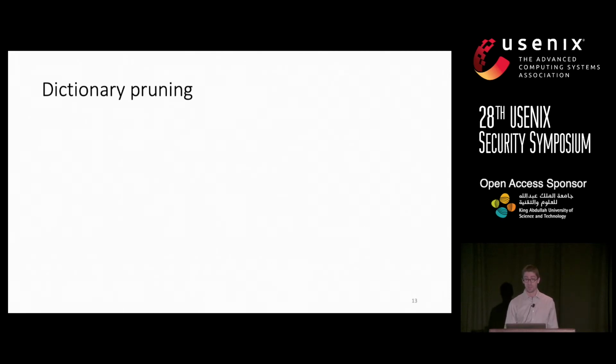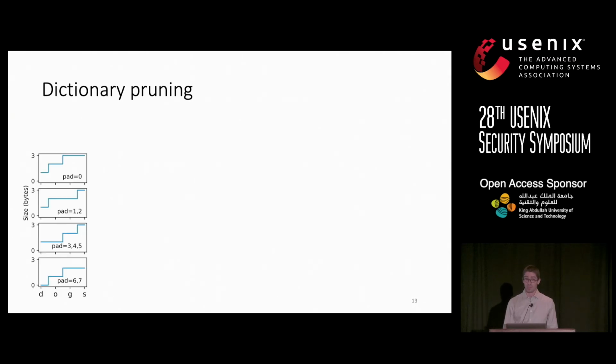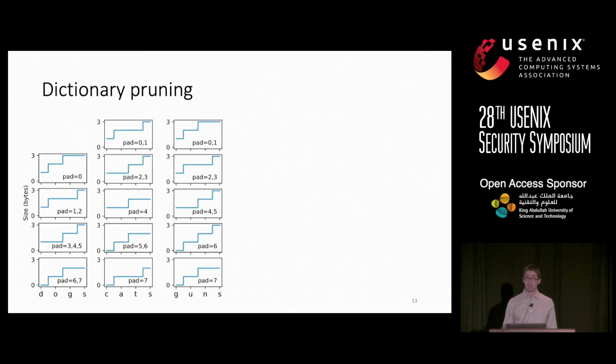And the way we'll use that is knowing the size of the token that we're trying to figure out in the search query. We build up a dictionary of all the possible byte-sized difference patterns for each word in our dictionary for that particular length, also taking into account each amount of padding for each word.